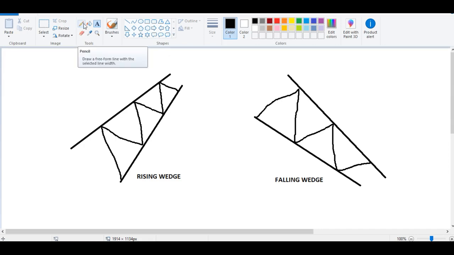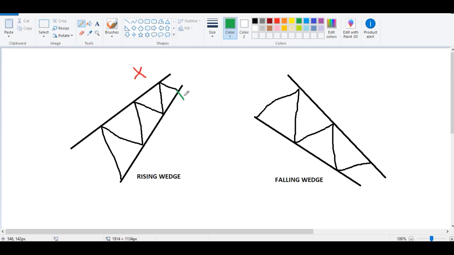So how do we trade this pattern? Simple. We simply trade the breakout. In a rising wedge, we are only going to be playing the breakout towards the bottom side, not the upside. If you see price breaking up towards the upside, we will not be taking that breakout, because generally what I've seen is these types of breakouts tend to fail, because these are reversal patterns.